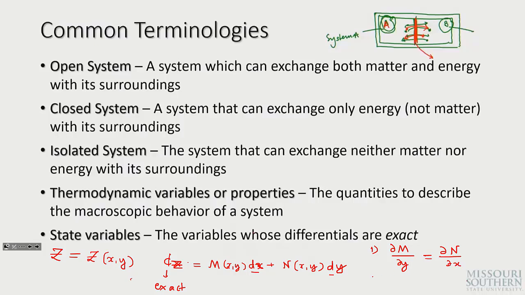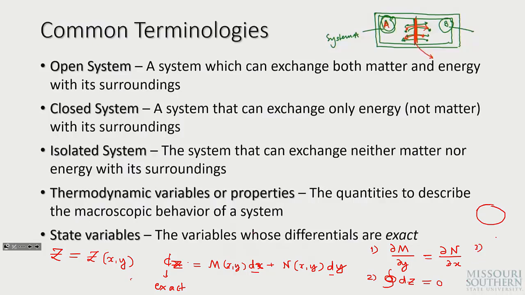The second condition for dz to be exact is that the integral of dz over a closed loop is 0. That means if you integrate dz over some closed loop starting from a point and then come back to the same point, if you take the integral around this path, then if it is 0, then it's exact.